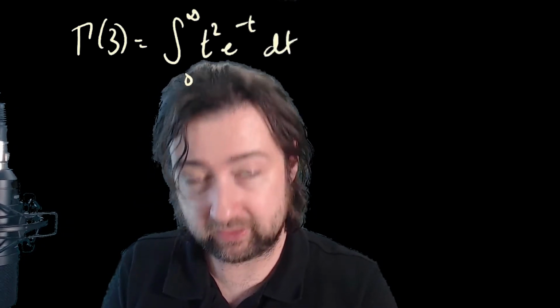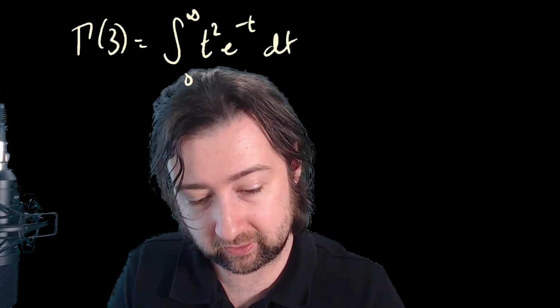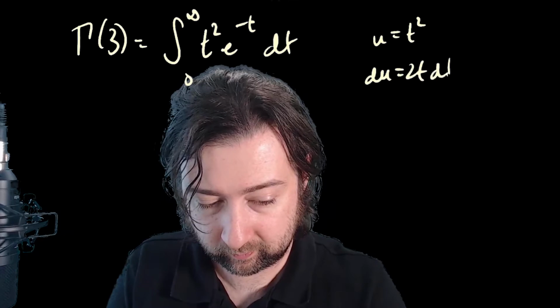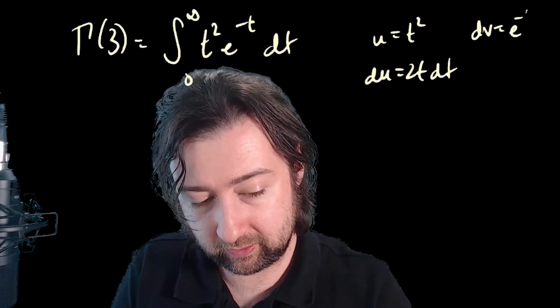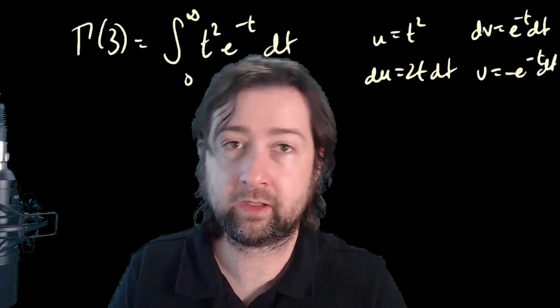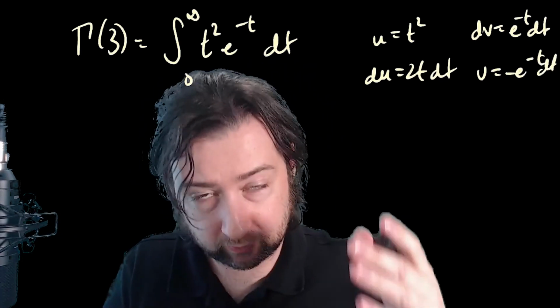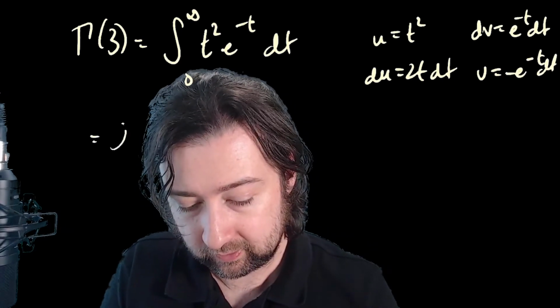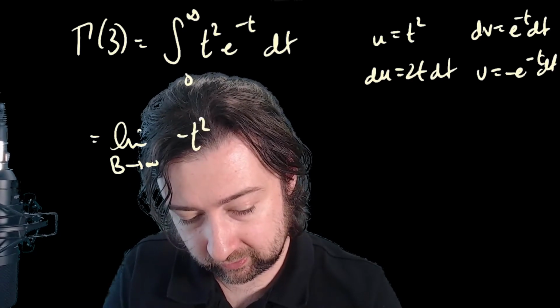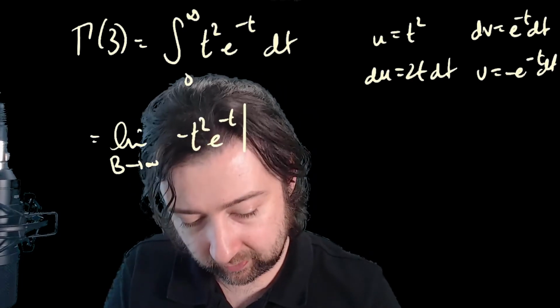So let's do that. Gamma of 3 is the integral from 0 to infinity of t squared e to the minus t dt. And if you do integration by parts here with u equals t squared, and dv is equal to e to the minus t, then what you're going to get, when you write down the integral of uv minus v du, is that this is the limit as b goes to infinity of minus t squared e to the minus t evaluated from 0 to b.